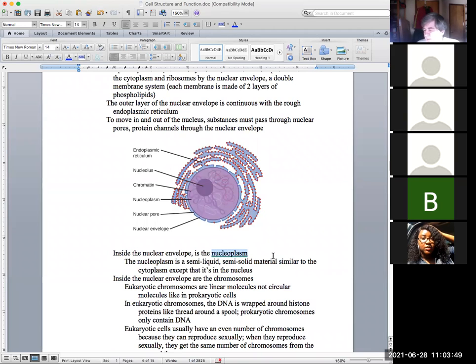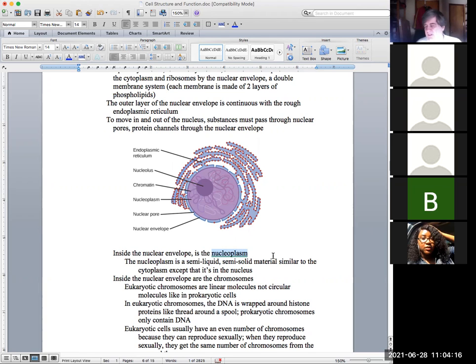So somehow we have to organize these chromosomes so they don't get tangled up. And this is where the third difference between eukaryotic chromosomes and prokaryotic chromosomes comes into the picture. If we look at eukaryotic chromosomes, they are made of DNA, but the DNA is wrapped around proteins, kind of like thread is wrapped around a spool.